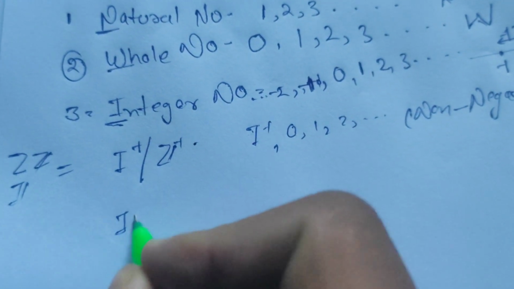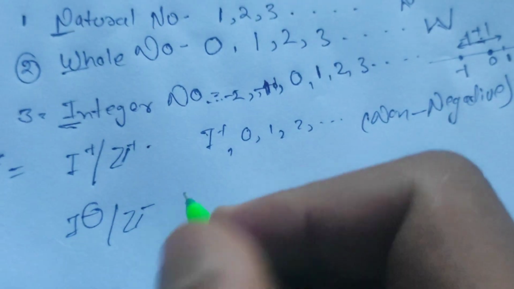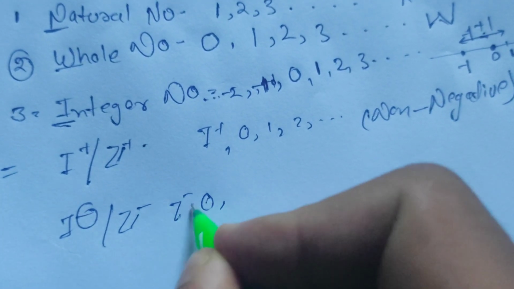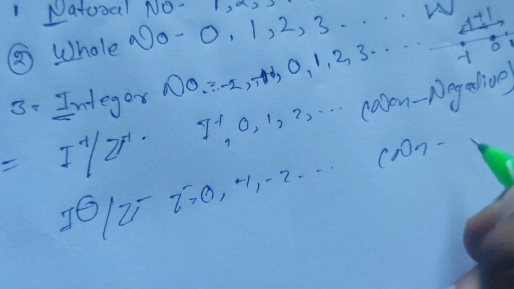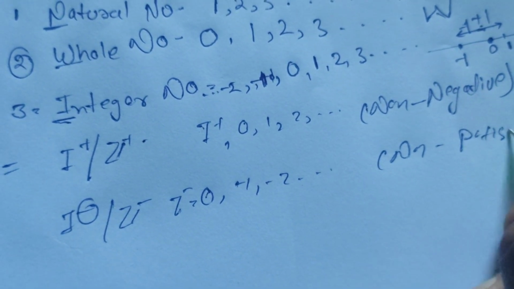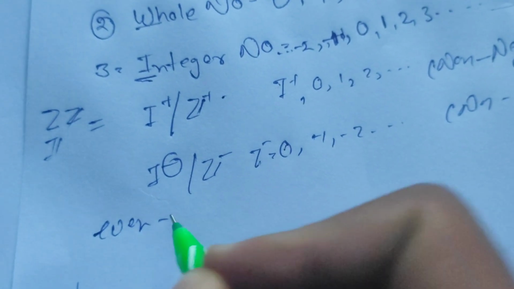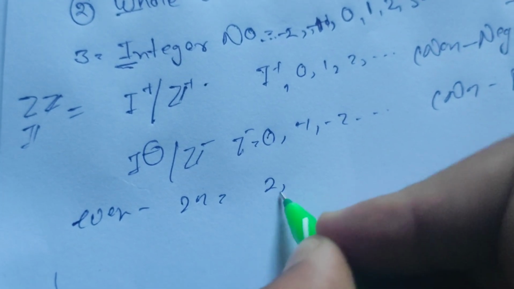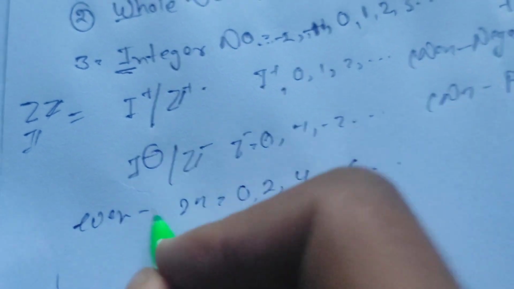And I negative are the non-positive numbers: again 0, minus 1, minus 2, and so on. Now we talk about even numbers. Even numbers are 2n, which gives 0, 2, 4, 6; if n equals 0, this becomes an even number.